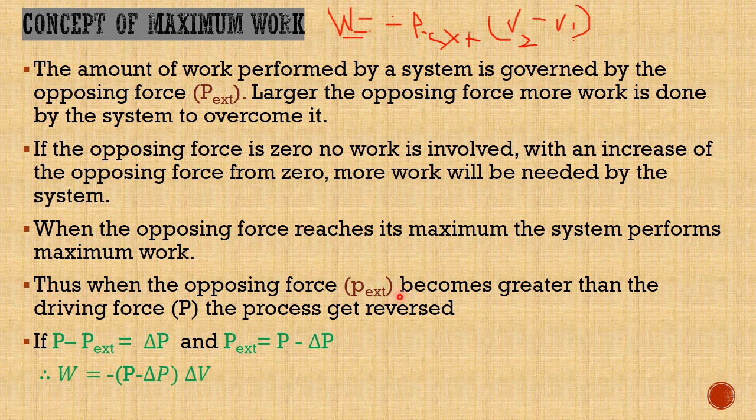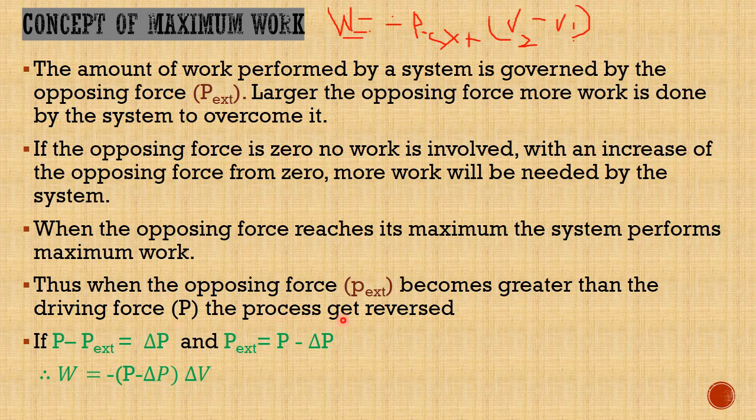When the opposing force Pext becomes greater than the driving force, here a new concept comes, that is the driving force. This shows the force exerted by the solution. What is the difference between Pext and P? Pext is the external atmospheric pressure, and P is the pressure exerted by the solution, so the inside pressure.